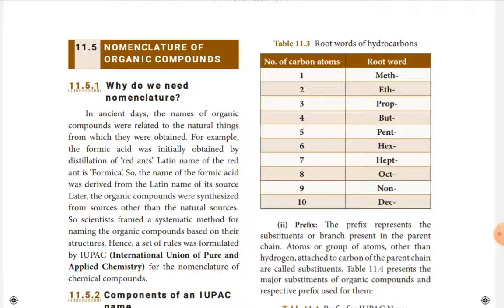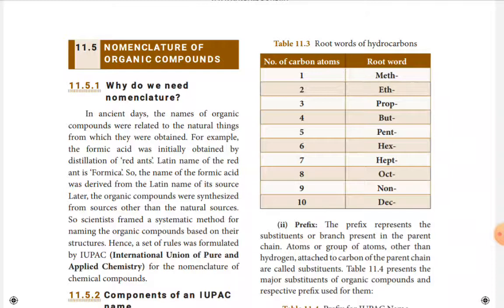For example, the name formic acid was obtained from the Latin word formica, because the acid is obtained from red ant. The Latin name of the red ant is formica, so the name formic acid was given. So in the initial stages, the names were derived from their source.